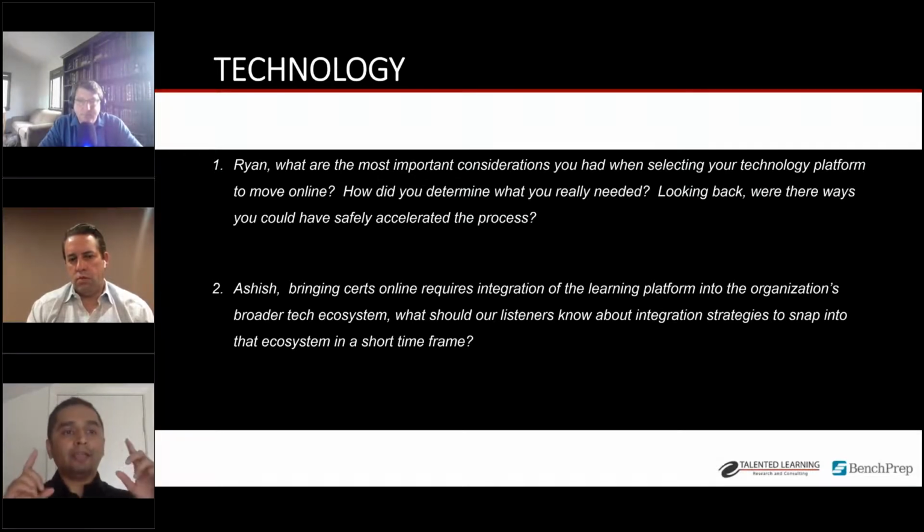And there are two elements around integration. Of course the technology integration, but it should solve for two things. First is the data. The data should flow very fluidly across all this, because at the end of the day, what the learning organizations own is a learner profile and learner data.